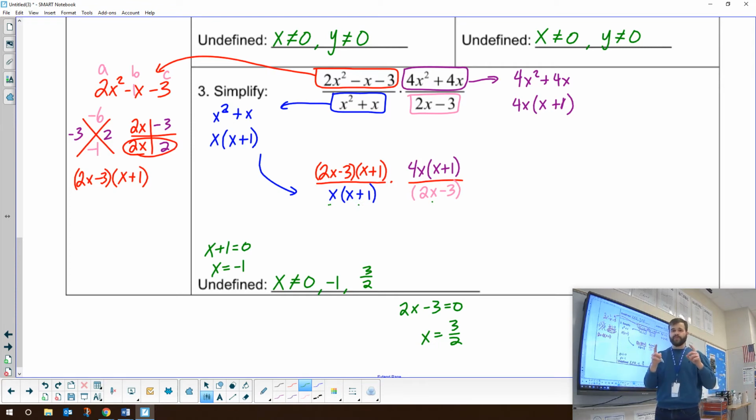Next, whenever we multiply fractions, all we're really doing is just extending the line between the numerator and the denominator. So we're just going to extend this and multiply these two together, and then we can cancel out anything that matches up. In this case, 2x minus 3 and 2x minus 3 cancel.